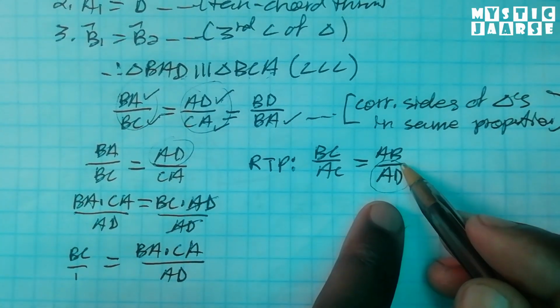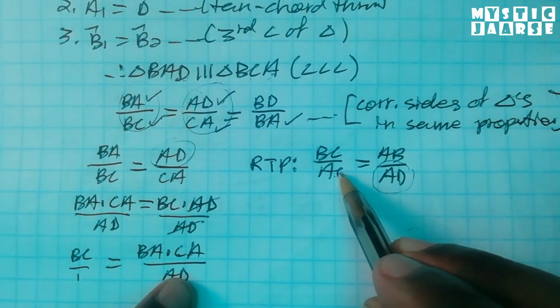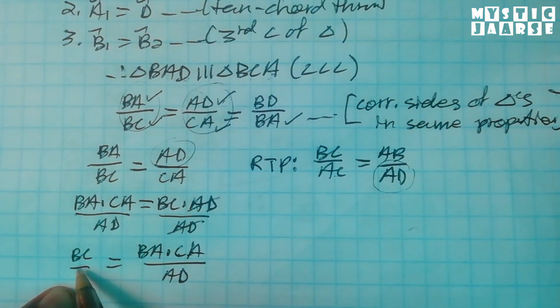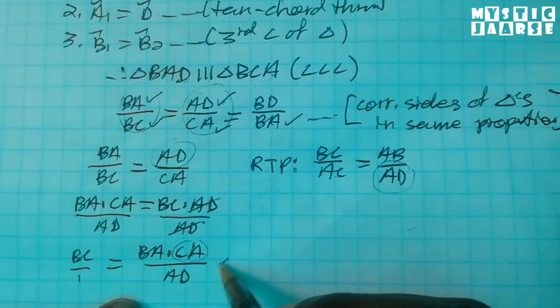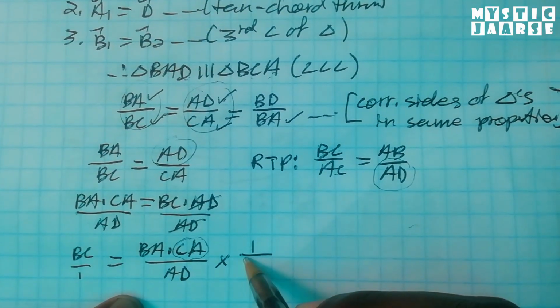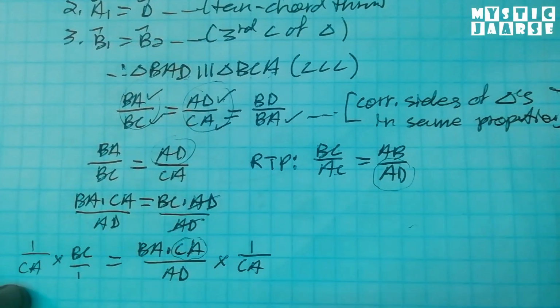Now on this side we want to get rid of CA so that it is a denominator on this side. So in order for us to get rid of CA, we multiply by 1 over CA on this side, and we multiply by 1 over CA on this side.